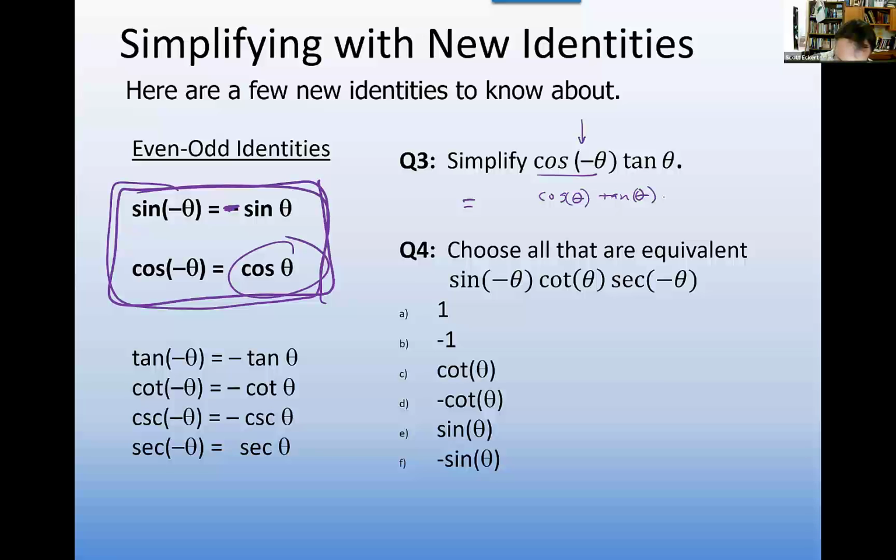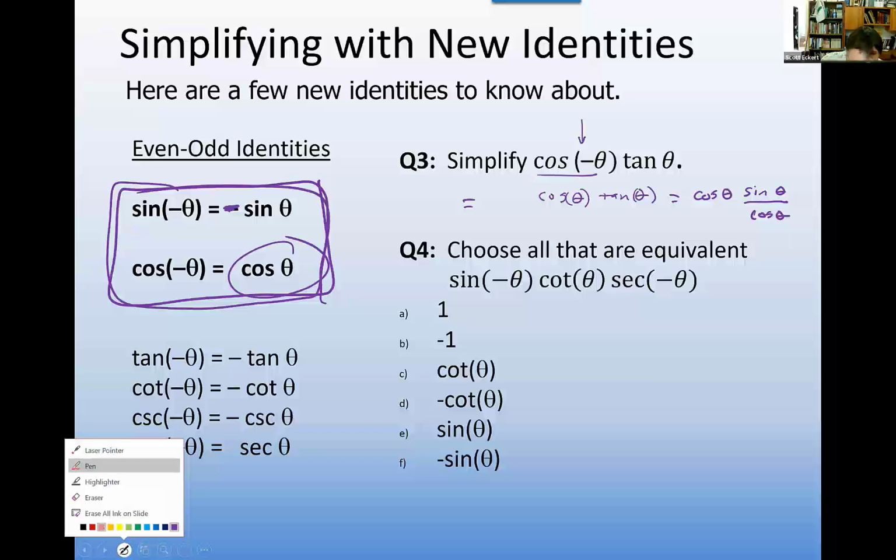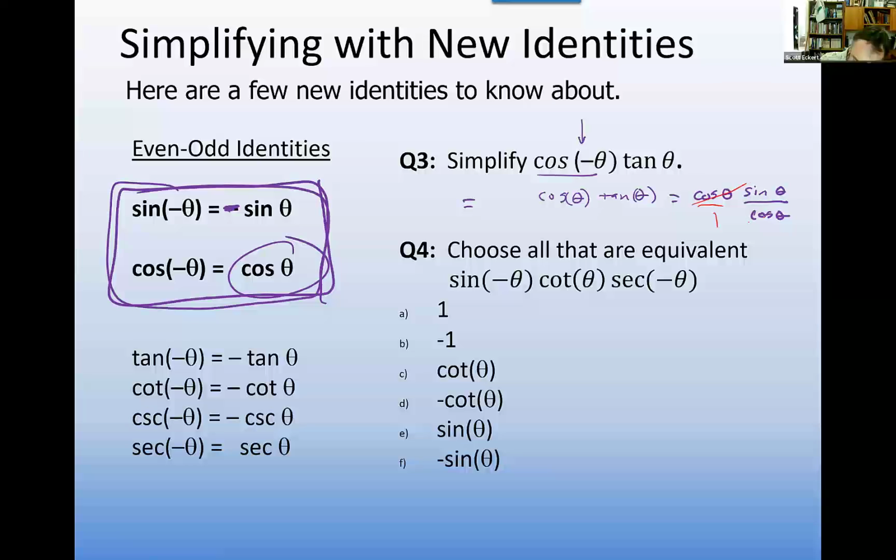And we can do other identities from the simpler ones that we remember, like sine theta over cosine theta. That's tangent. And I can make a fraction out of both of them, put a 1 under cosine, and cosine divided by cosine cancels to 1.